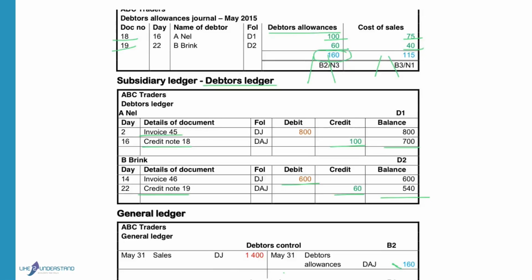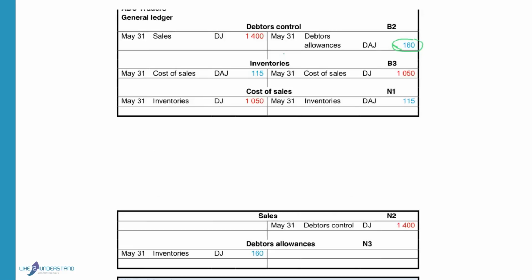That means the debtors returned goods, so we have to credit the debtors with 160, and we will debit debtors allowances with 160 Rand. So we complete the double entry by debiting the debtors allowances. That will reduce sales because this will be posted to the sales account transferred at the end of the year, and we credit the debtors to show that they owe less money.